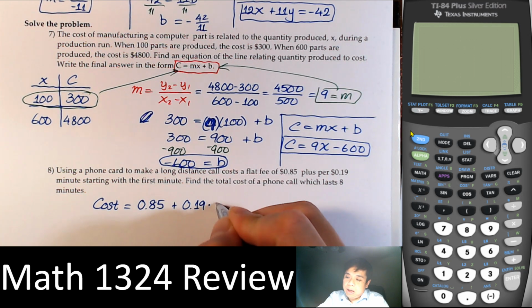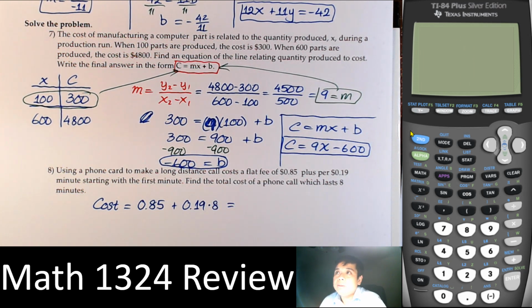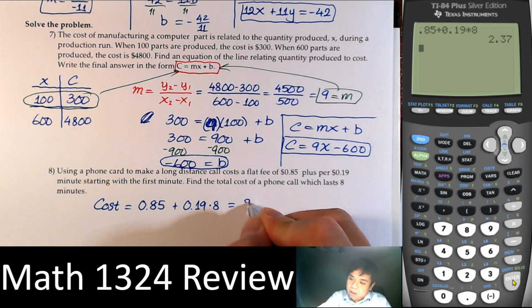So that multiplied by 8. We have 0.85 plus 0.19 times 8, and then 2.37.